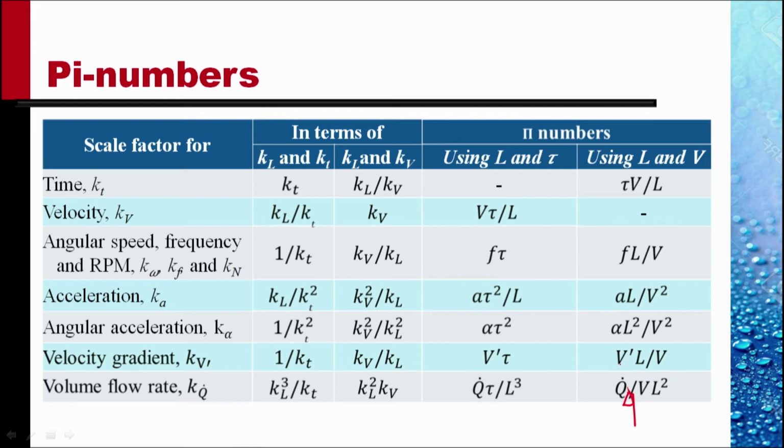For angular speed, frequency, RPM, the pi number is F L by V. F L by V in the prototype and in the model must have the same value. Alpha L square by V square is the pi number corresponding to angular acceleration. These must have the same values in the model and the prototype. Every one of these.